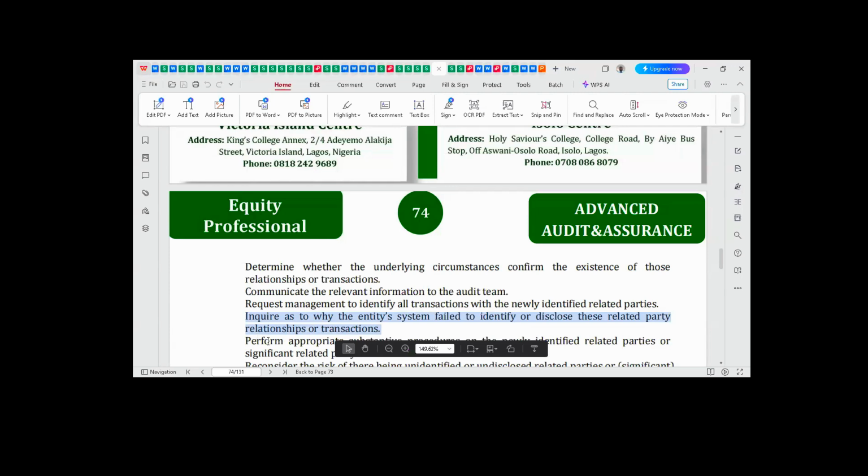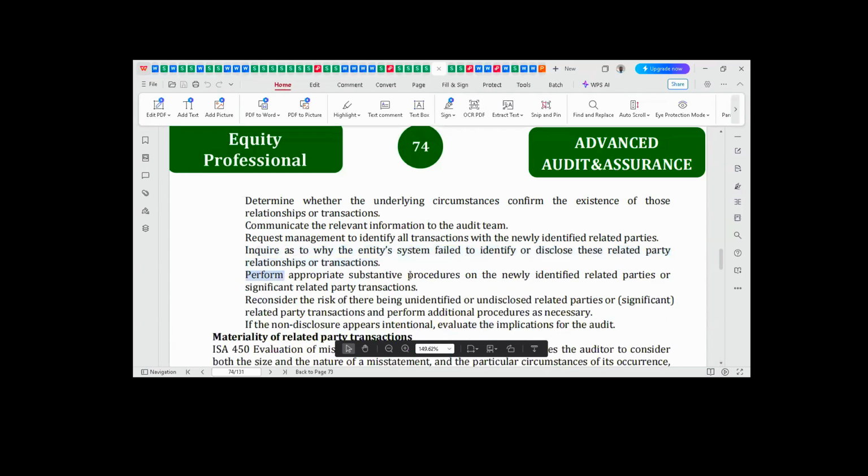All right. The auditor will now perform substantive procedures on the newly identified related parties or significant related party transactions. Then he will also need to consider the risk of there being unidentified and undisclosed related parties. You need to look at the quantum, the volume of transactions that this newly identified related party or related party transactions have on the financial statement.